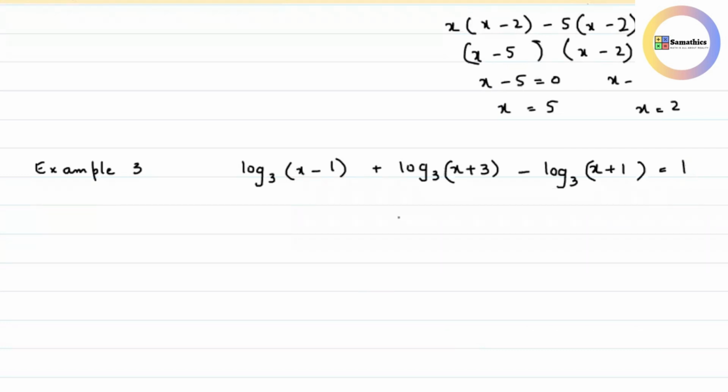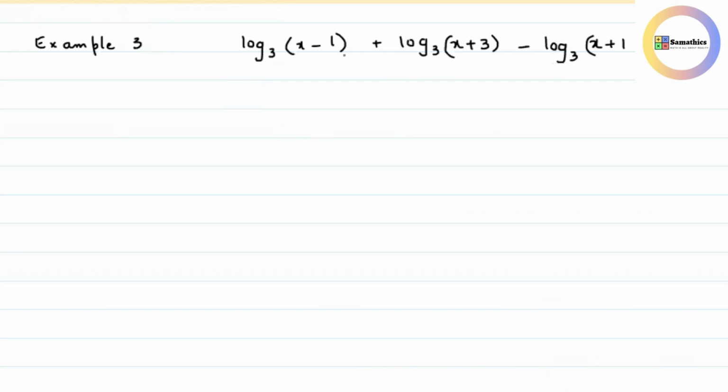Now, there are two ways to solve it, right? I'll be explaining. One of the ways is that you apply log with it. You know that log 3 of 3, its answer is 1. If we write log 2 of 2, its answer is 1. We can write this as log 3 of x minus 1 and x plus 3 multiplied, upon x plus 1.